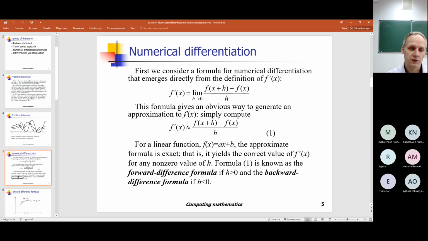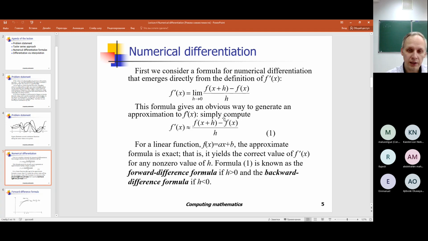The first derivative, by definition, is a limit when h tends to 0 of the relation f of x plus h minus f of x over h. The real value of the derivative we can obtain when we compute the limit when h tends to 0.